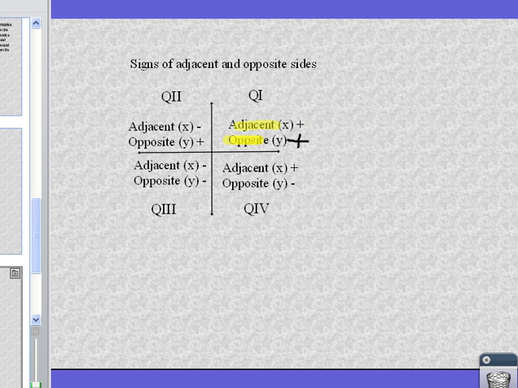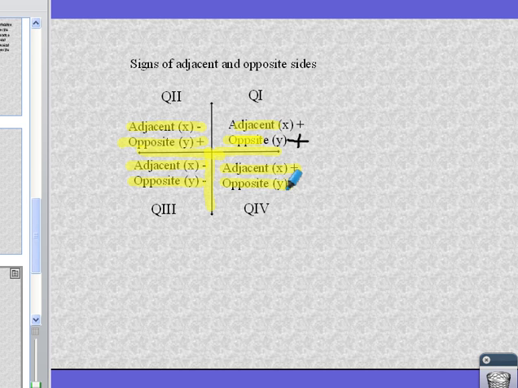In quadrant 2, our x is negative, so our adjacent's negative, and our y is positive, so our opposite's going to be positive. Notice in the third quadrant, we're at negative y and negative x, so both our adjacent and our opposite, or x and y coordinates, are negative. And finally, in our fourth quadrant, we're back at positive x, so our adjacent, or x coordinate, is positive, and our y coordinate is going to be negative.